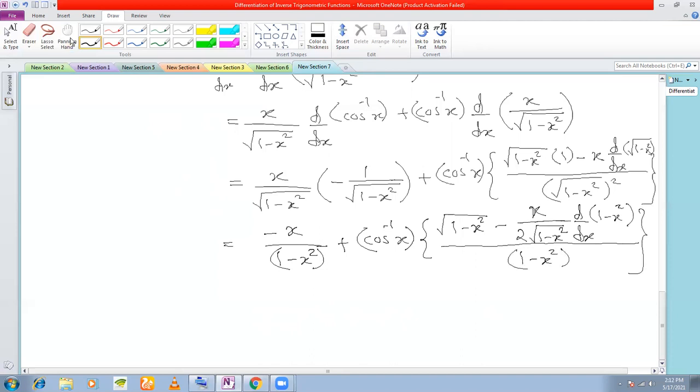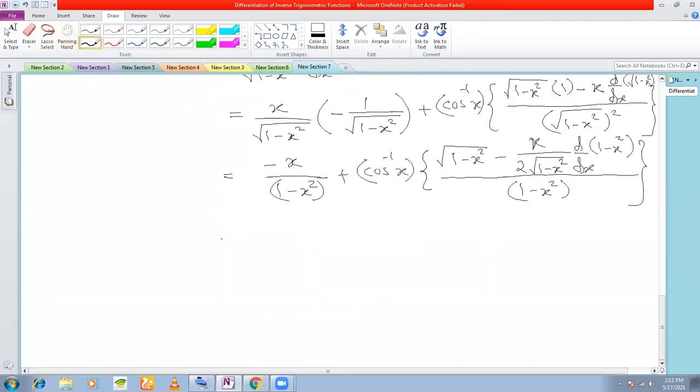Okay, so now minus x by 1 minus x square plus cos inverse x into square root 1 minus x square, and d/dx of 1 minus x square is minus 2x, isn't it? So that this becomes plus, and x into 2x becomes 2x square divided by twice root 1 minus x square.